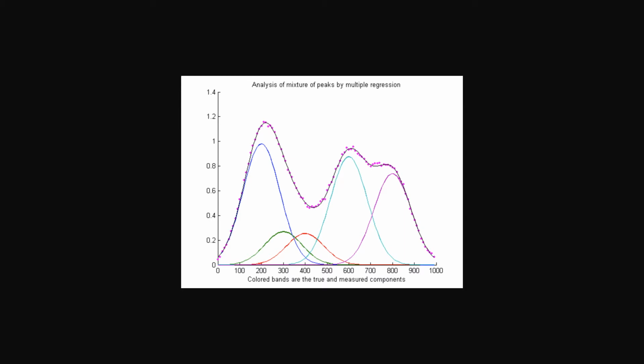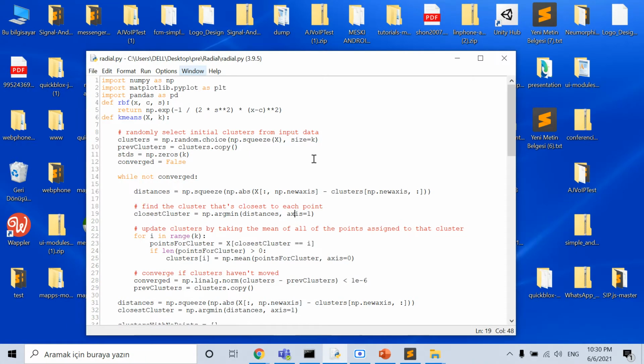We are going to use K-means clustering to determine the centers for each of the radial basis functions. In this code, we implement the K-means clustering algorithm to compute the standard deviations.